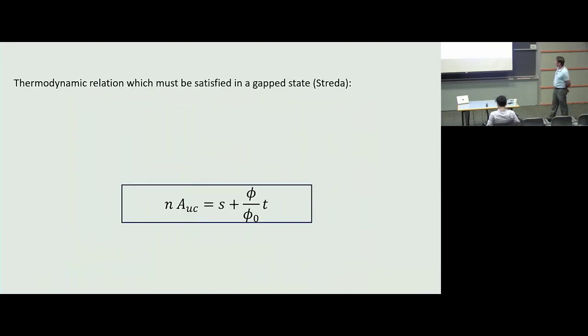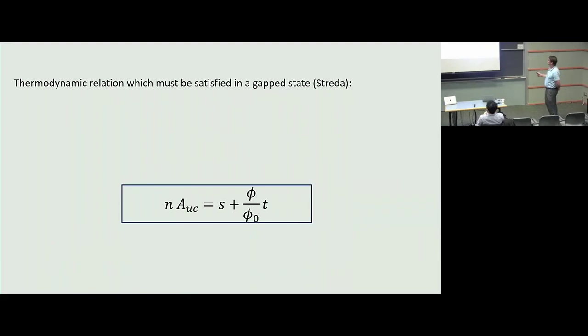Because I will be talking mostly about the physics in a finite external perpendicular magnetic field, I should review the formula that was already mentioned in this workshop, the Streda formula. If we have a gap state, it must satisfy the formula written here, where n is the areal density, and A_UC is the area of the Moiré unit cell.